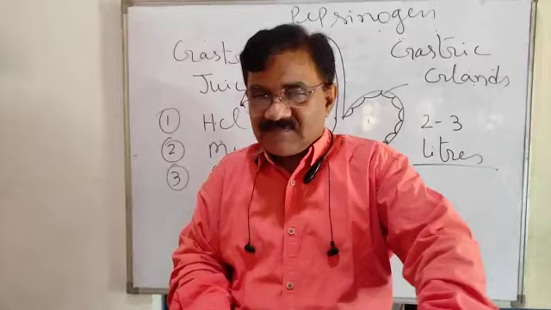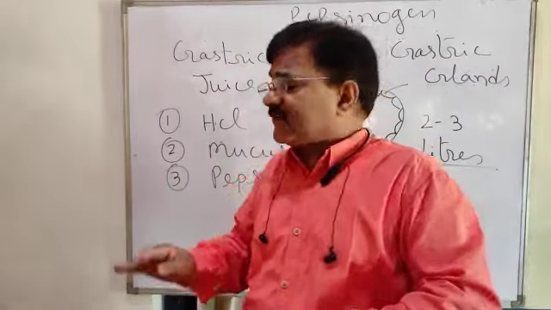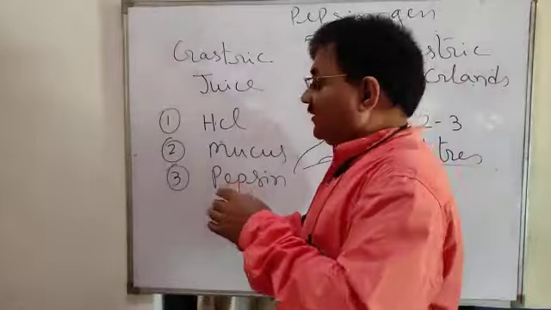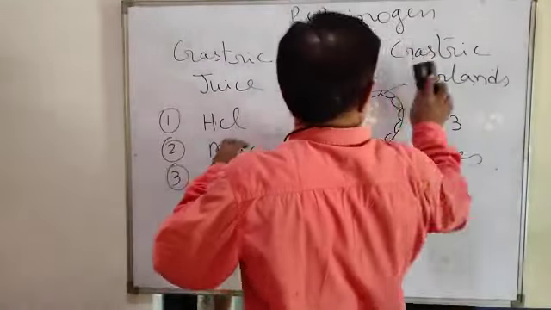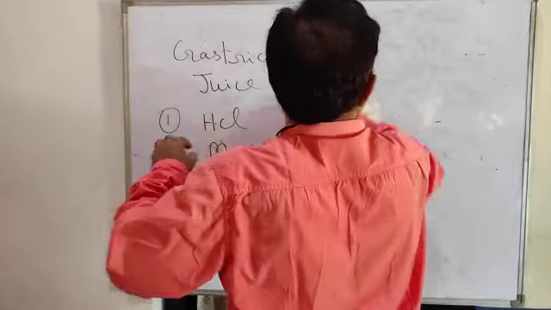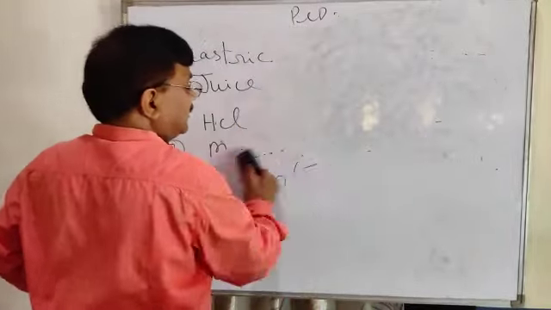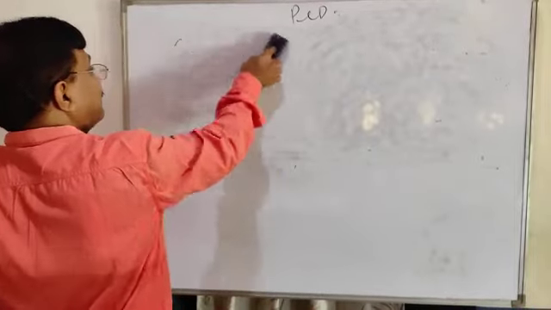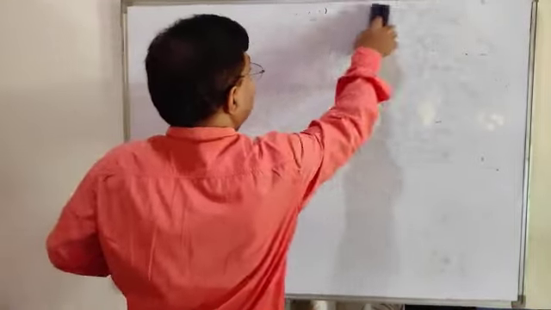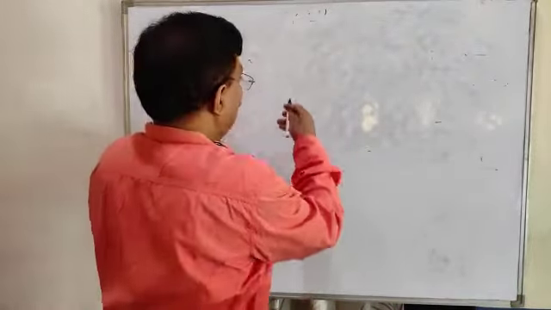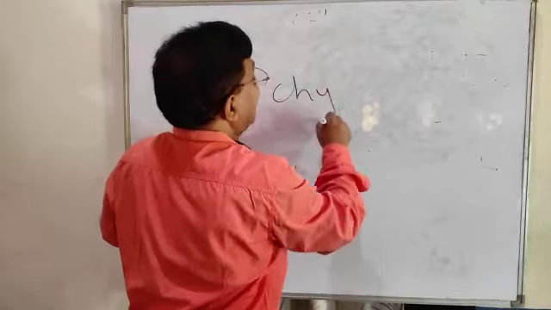That pulp-like form after 3 hours in the stomach is called chyme. After 3 hours, the food in the stomach, by mixing with gastric juice, becomes chyme.